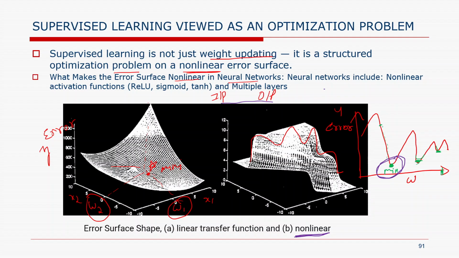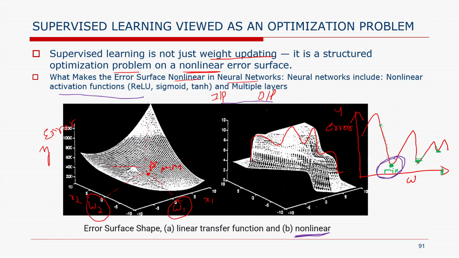For example, when you have 10 weights moving in different directions, you have to catch them and set the values of the 10 weights in such a way that you reach the global minimum. Therefore, the error surfaces in a neural network will be non-linear because we use non-linear activation functions, and also multiple layers and multiple weights.